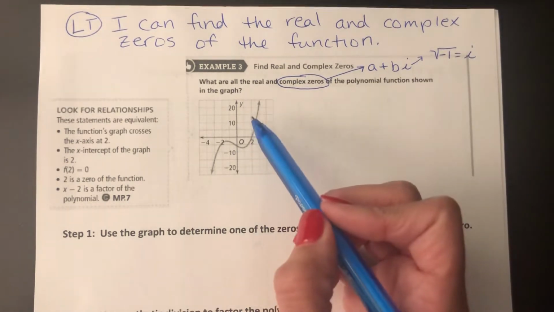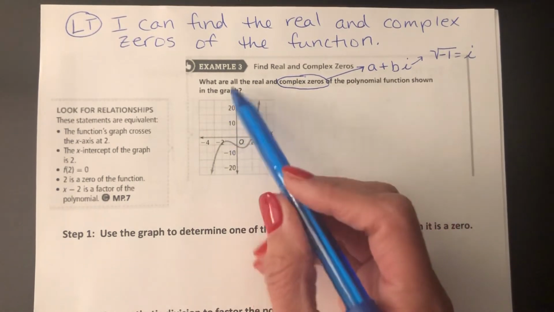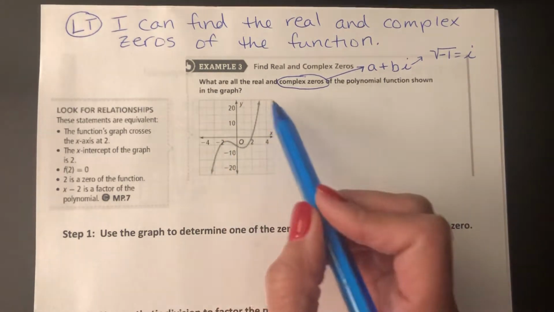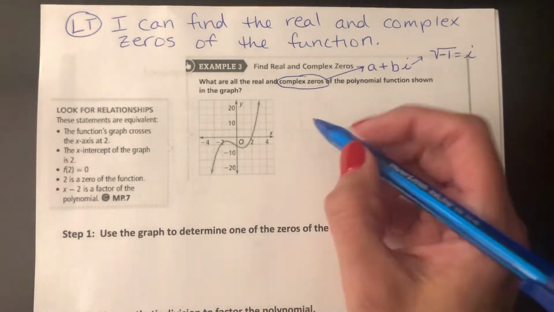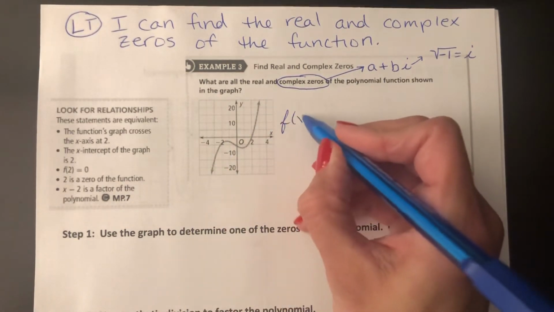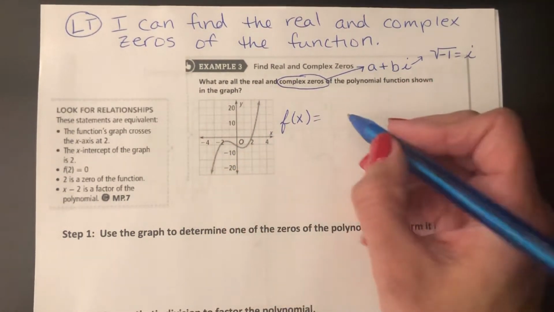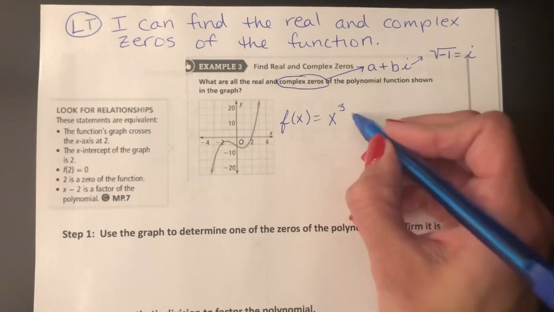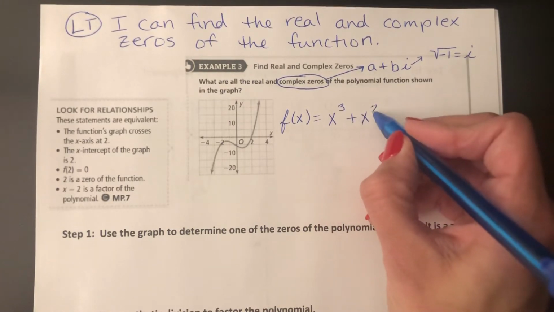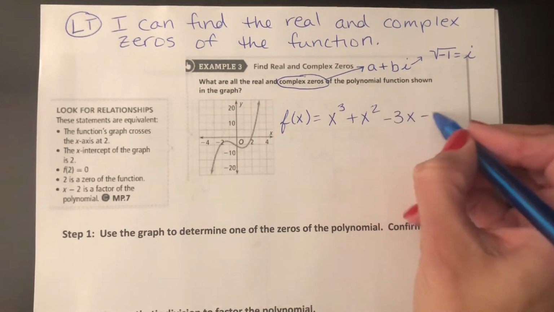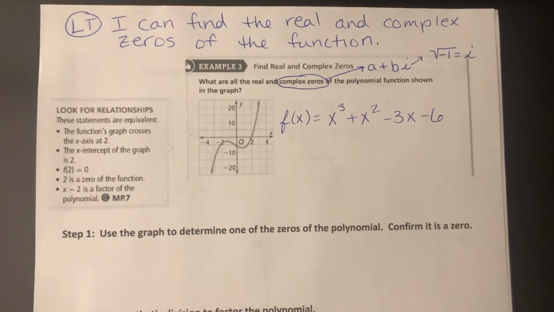So let's take a look at this. Here is our function. The equation to this graph is the polynomial function f of x equals x to the third plus x squared minus 3x minus 6. The function is given to you.